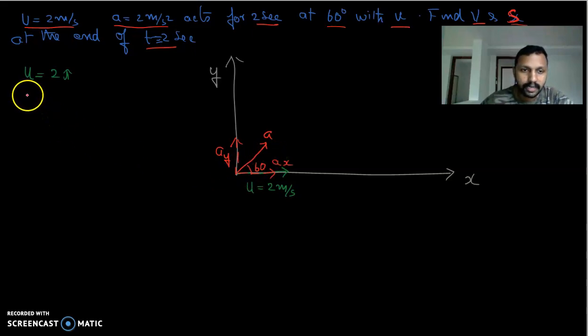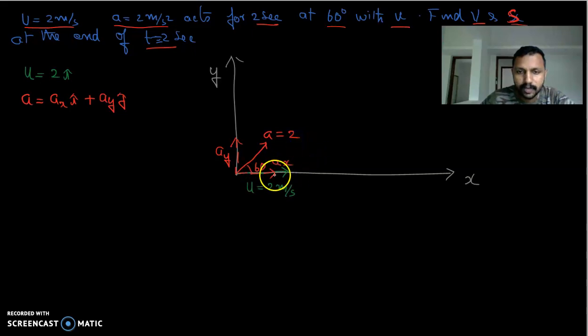Therefore, I could write acceleration in its vector form as ax i cap plus ay j cap. Okay. Then, as we know, a is 2.